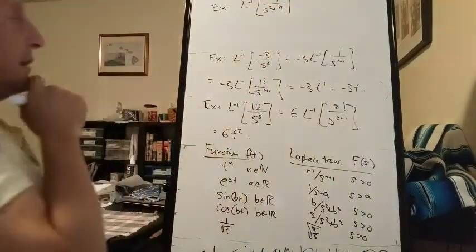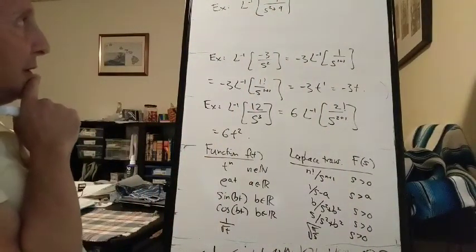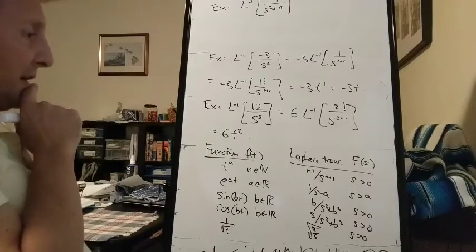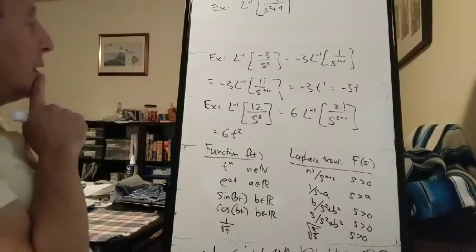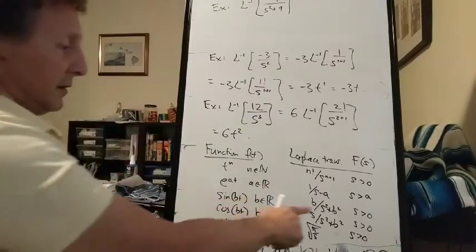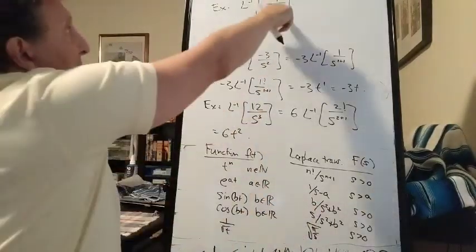Let's take the inverse Laplace transform of 4 over s squared plus 9. All right, s squared plus 9 is s squared plus something squared. That's 3 squared.